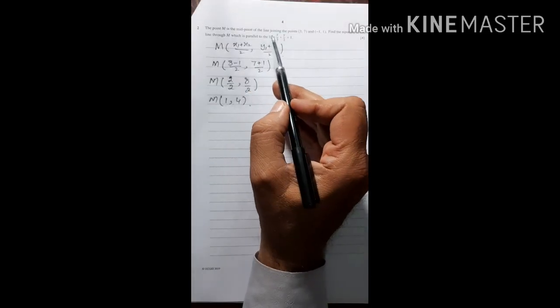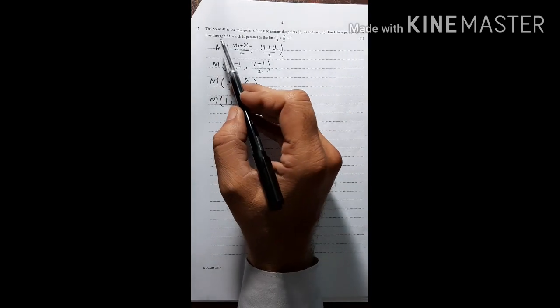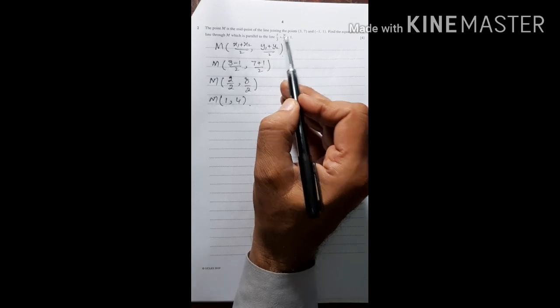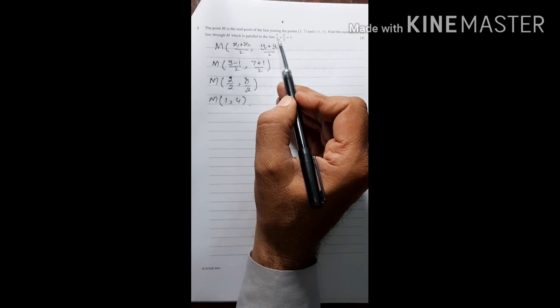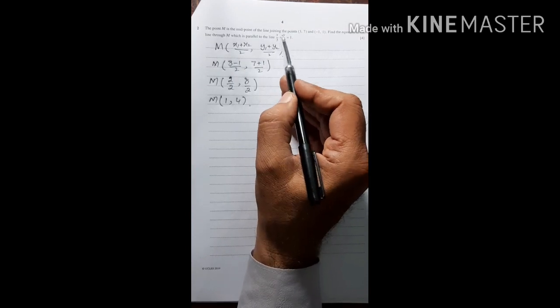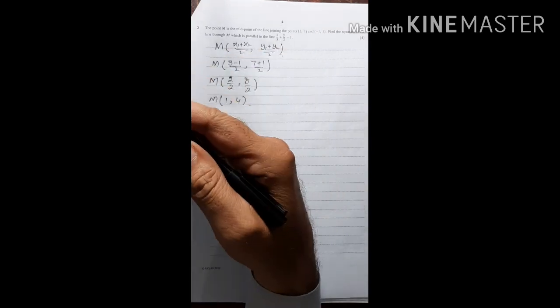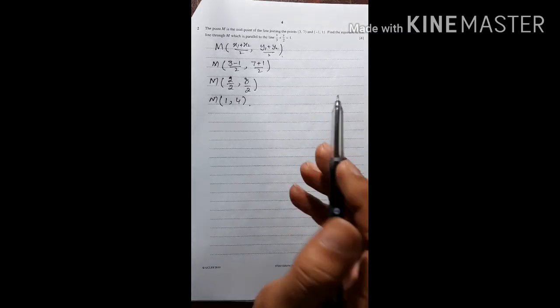Now we need to find the equation of the line through M which is parallel to this line. So we need the gradient of the required line. Parallel lines have the same gradient, so if we find the gradient of this line, it will be the gradient of the required line as well.